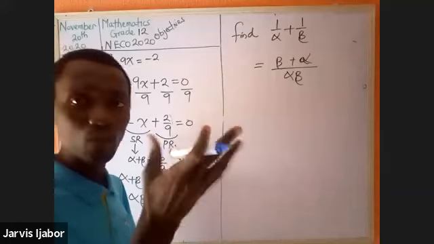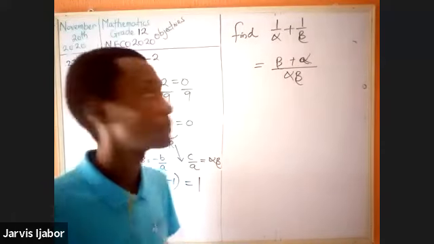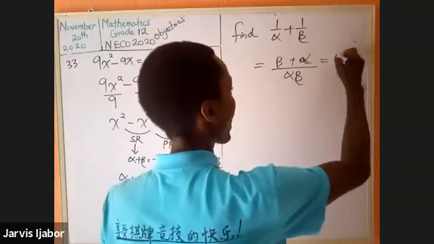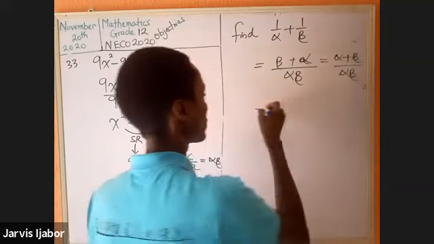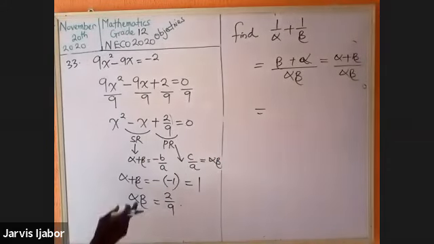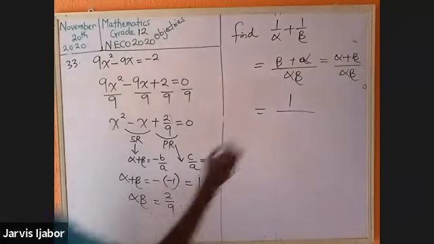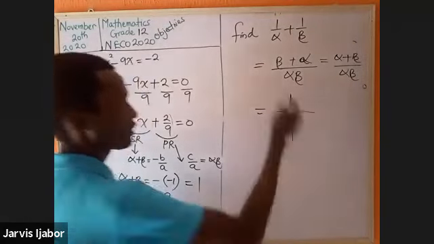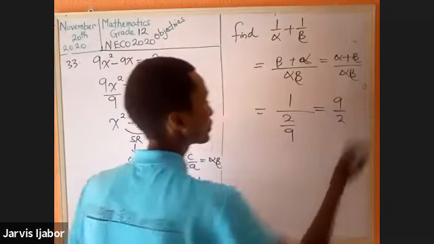However you write, if I say 2 plus 3 or 3 plus 2, the answer will be the same. So this can also be alpha plus beta over alpha beta. So what is alpha plus beta? 1. What is alpha beta? 2 over 9. This will toggle and your final answer becomes 9 over 2.